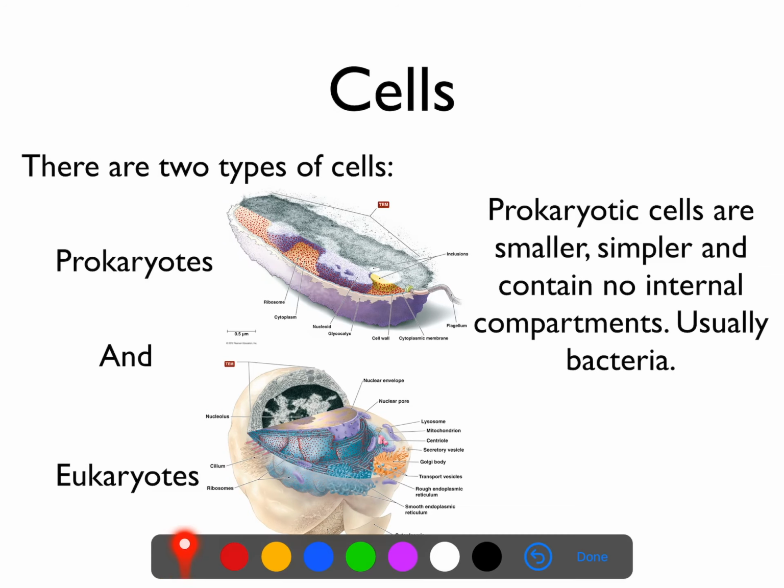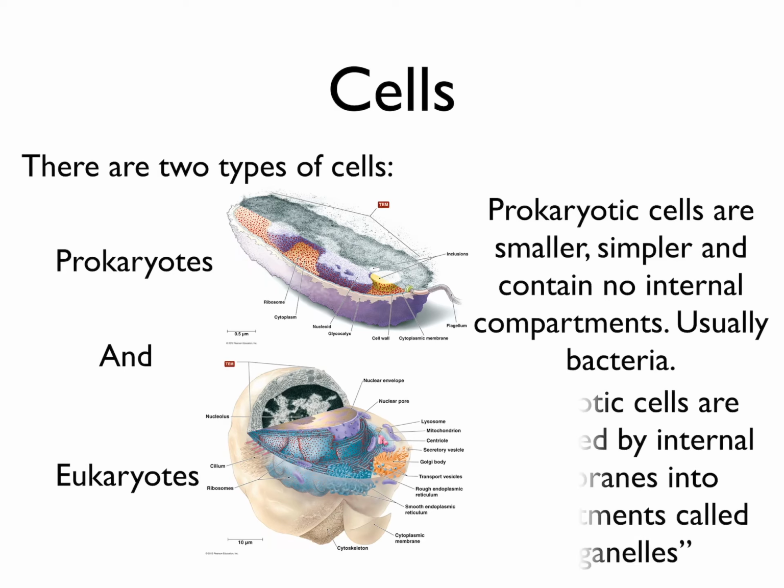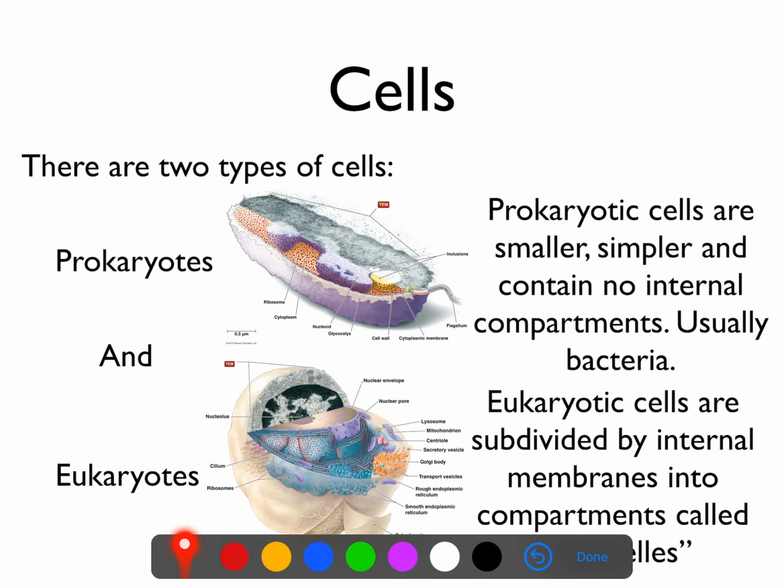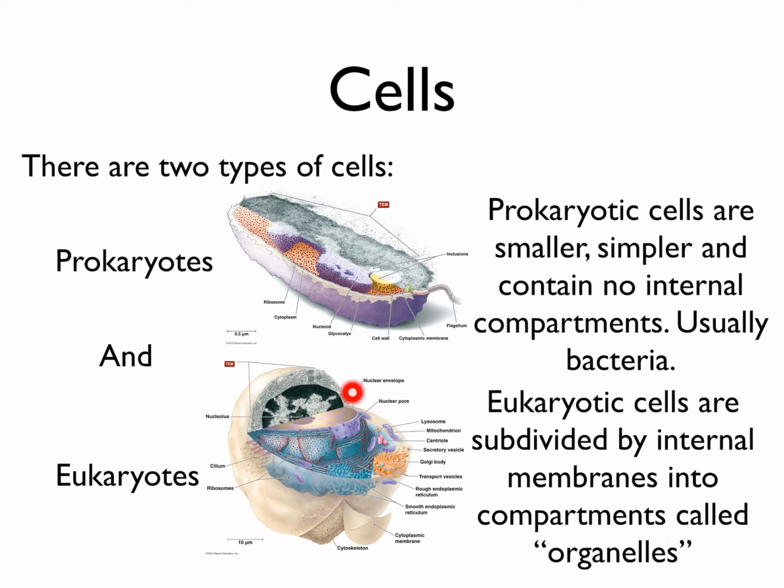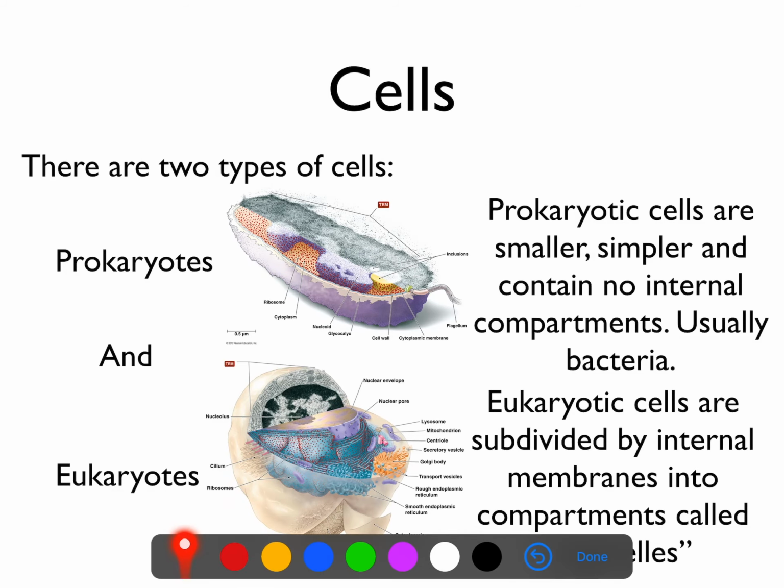So prokaryotic cells are simpler, smaller, contain no internal compartments. They're usually bacteria, although it also includes archaea. Eukaryotic cells are subdivided by internal membranes into compartments, and these internal compartments are called organelles, which just means little organs.